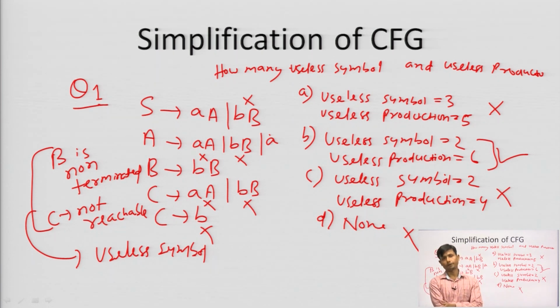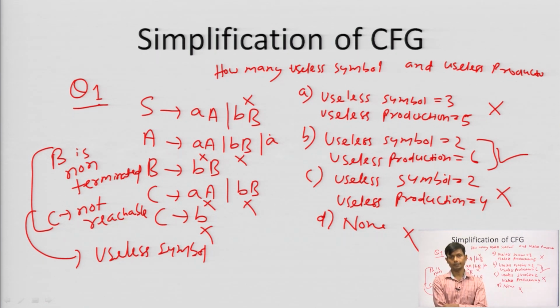This simplification of context free grammar is very much required to remove redundancy, because for a context free language we can have more than one grammar, so there is a chance of redundancy. To remove the redundancy, we have to follow these 3 procedures in order: first epsilon production, then unit production, and then useless production.